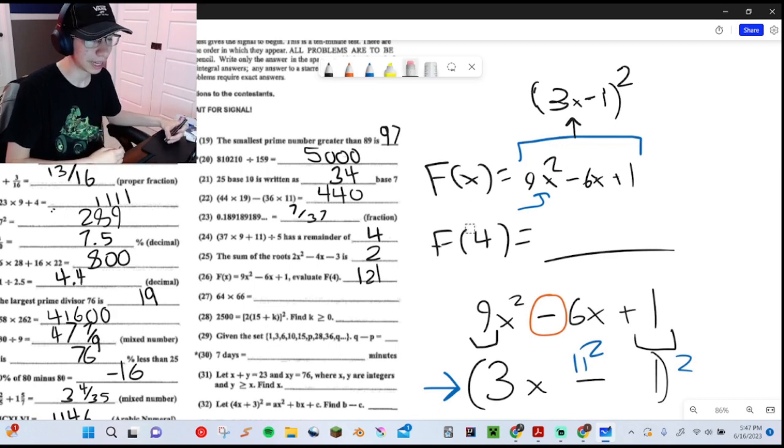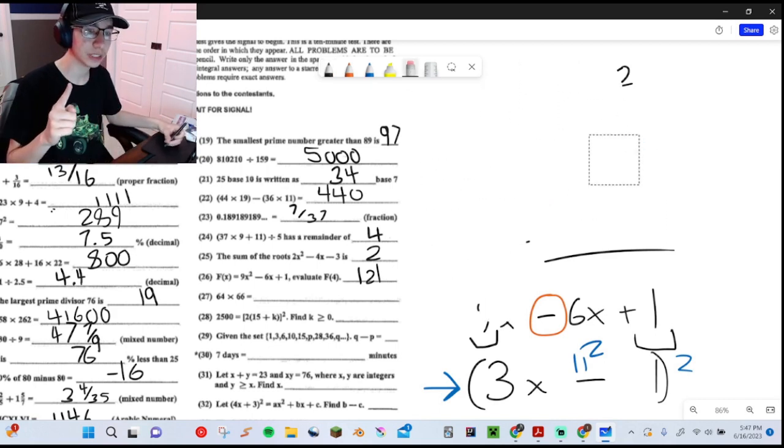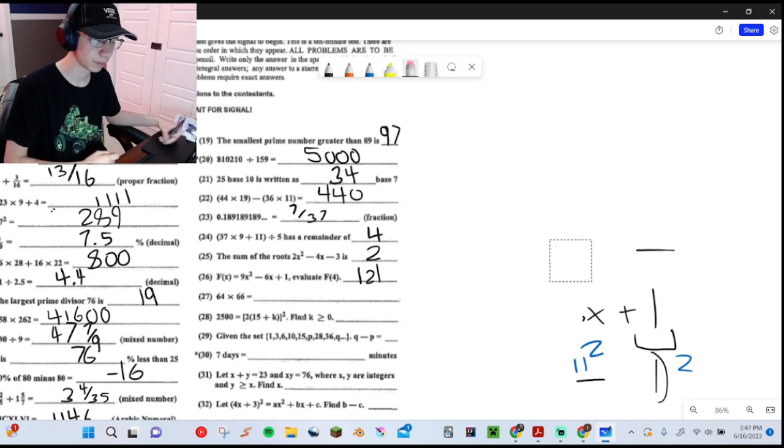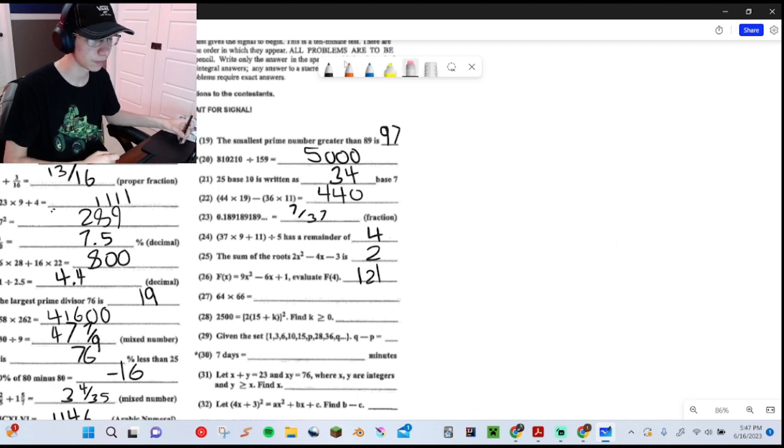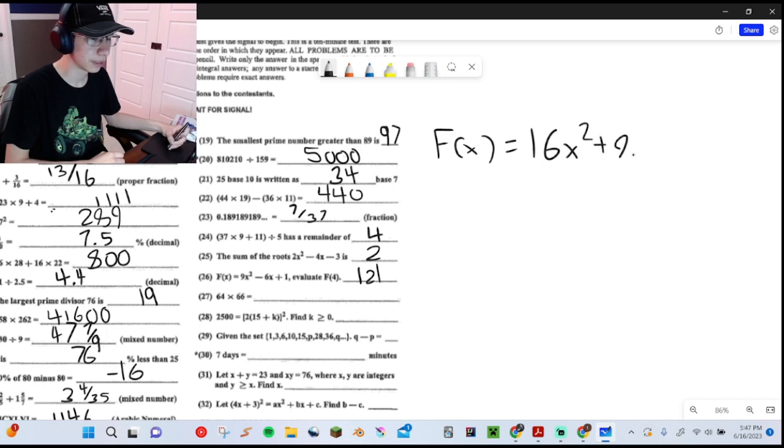So let's do a bit of practice here. I'll give you guys 2 example questions. So let's say I had the function f of x equals 16x squared plus 8x plus 1. And I want to find f of 5.